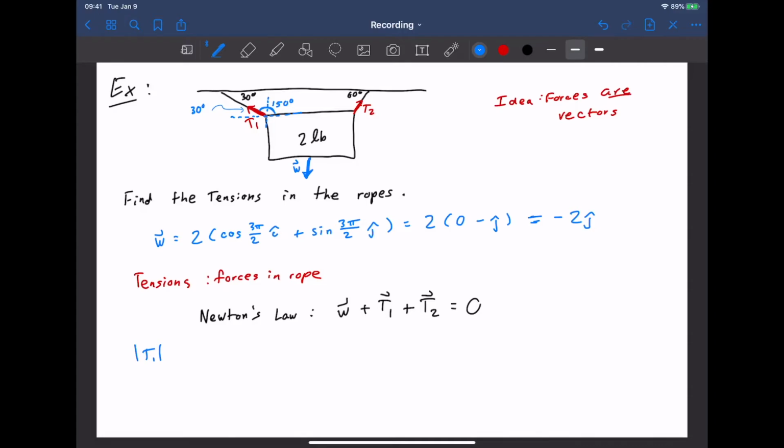So my vector T1 is the magnitude of T1 times cosine 150 in the I direction plus sine 150 degrees in the j direction.